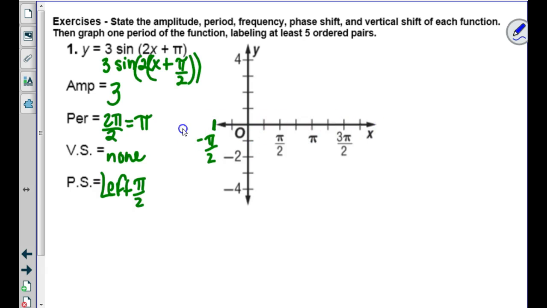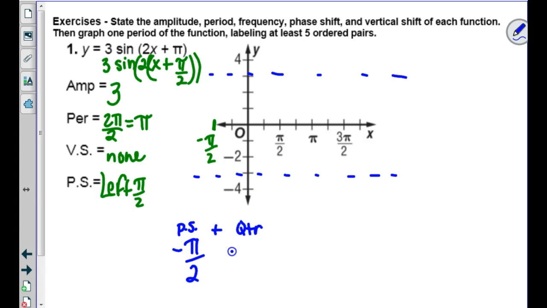There is no vertical shift, right? So we're good. So amplitude of 3 means it goes up to 3 and down to negative 3. When is it going to finish by? Well, let's do it the way we have. Negative pi over 2 is where we went to the left. That was our phase shift. And then we're going to add the period divided by 4 to find the quarter points. The period divided by 4.